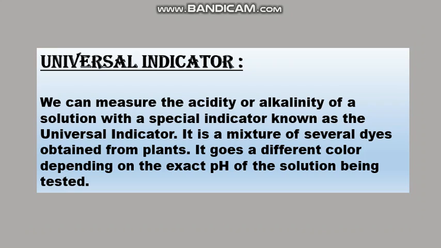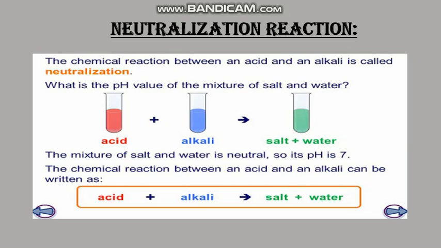Student, in our last video, we discussed neutralization. I am repeating once again that when acid and alkali are mixed together, they cancel each other out. We say that they have neutralized each other. The chemical reaction between acid and alkali is called neutralization.